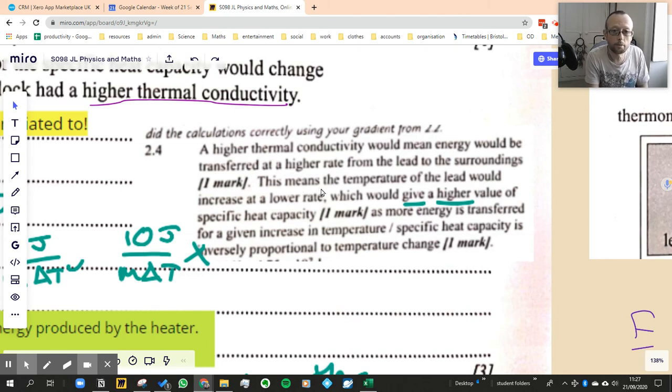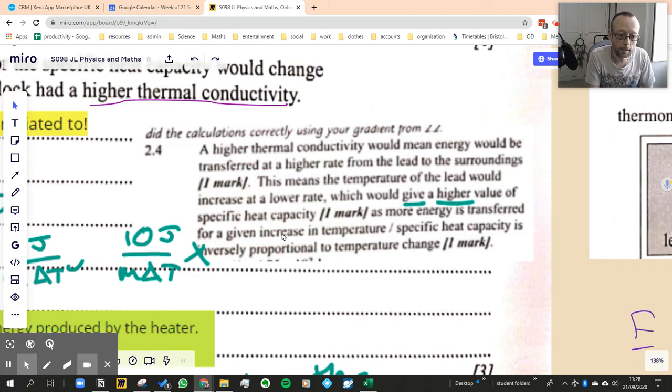Okay, I said it was that more heat was lost, but I think I'd get that mark. This means the temperature of the lead would increase at a lower rate, which would give a higher value of specific heat capacity, as more energy is transferred for a given increase in temperature.